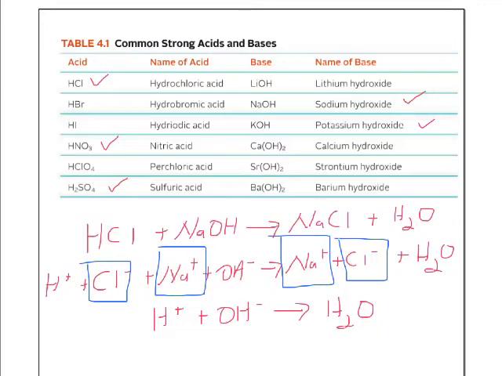For every combination that you see above, that is going to be the net ionic equation with one exception. When you react sulfuric acid with barium hydroxide, the salt will be barium sulfate, and barium sulfate, if you check the solubility rules, is insoluble. So at some point we'll talk about that a little bit more in class.